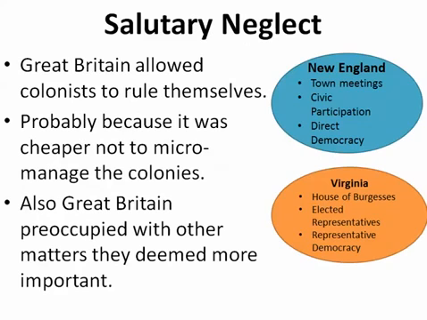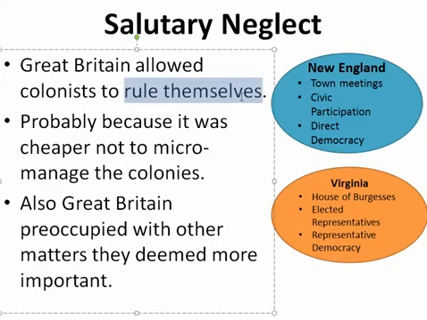Alright, so let's first back up and look at some background here. If you notice in the colonial period, when we talked about the American colonies, a difference between Great Britain and that of Spain and France is that Great Britain kind of put the colonies on autopilot and allowed them to rule themselves.